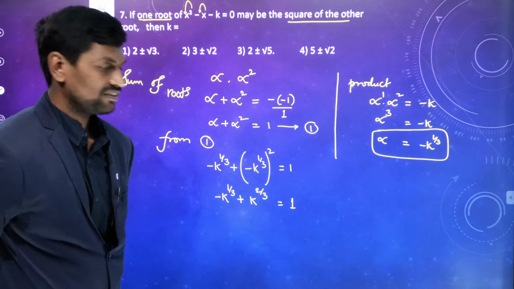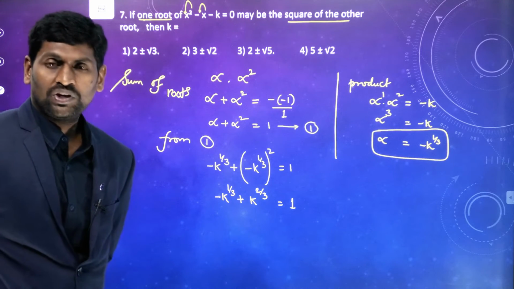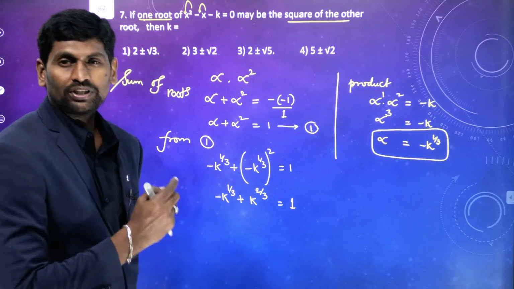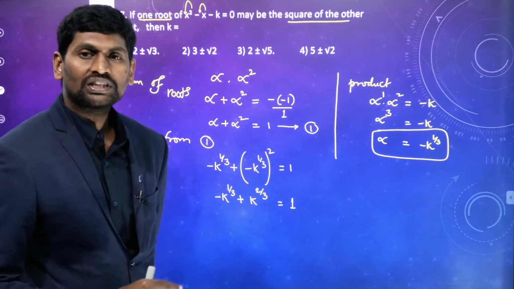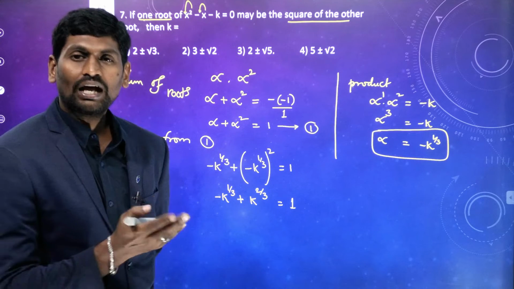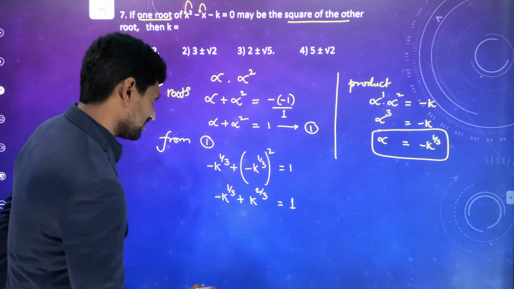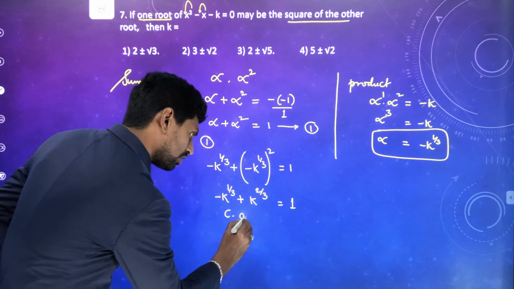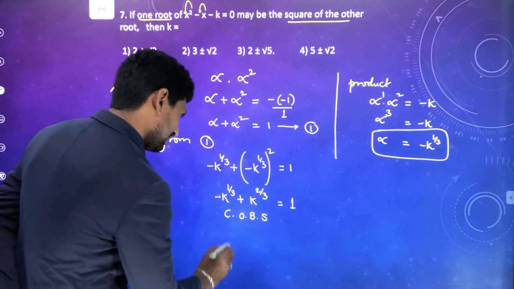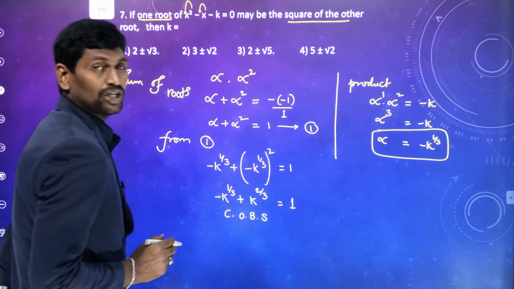Okay. Try cubing on both sides. So k power 1 by 3 is nothing but cube root. For removing the cube root, we are applying cubing on both sides. So cubing on both sides, that will be a plus b whole cube formula.